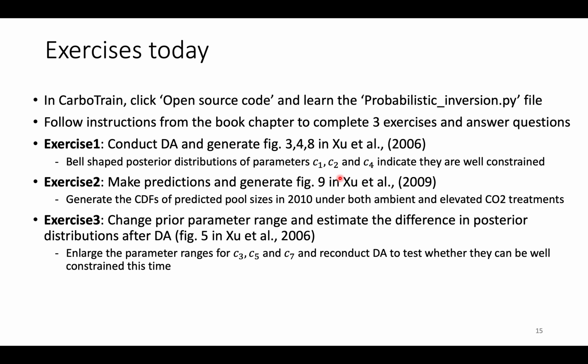The second exercise is for prediction and to generate the CDFs of predicted pool sizes and compare them with figure 9 in Schüttel's paper. Then to further constrain the rest of the parameters, exercise 3 is to enlarge their parameter range and reconduct the simulation. The expected figure is similar to figure 5 in Schüttel's paper. The detailed instructions are available in the book chapters for your reference.